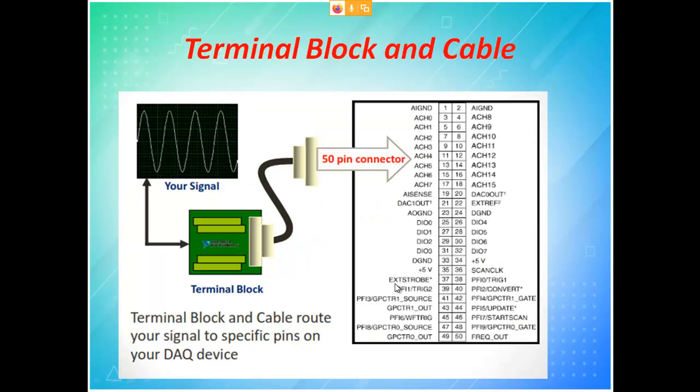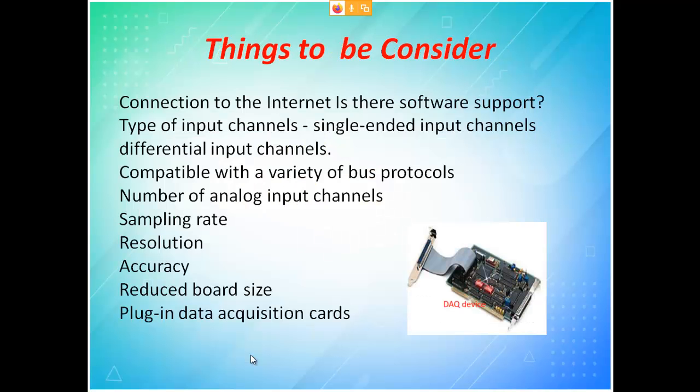Then terminal blocks and cable. This terminal block, which is going to convert, has a 50 output, like 50-pin connectors. You can get it as an analog value or a digital value, whichever way you want, convert it and send it to the cable. The terminal block and cable route your signal to the specified pin on a DAQ system.